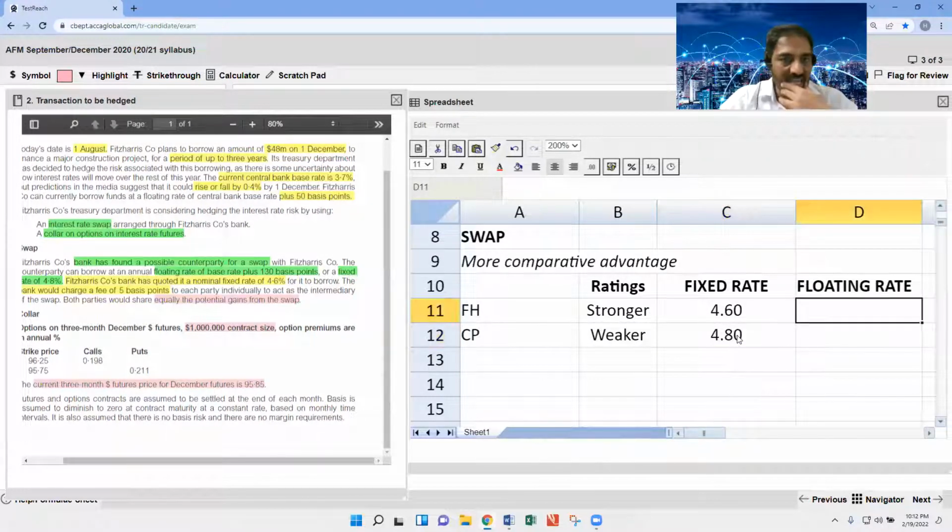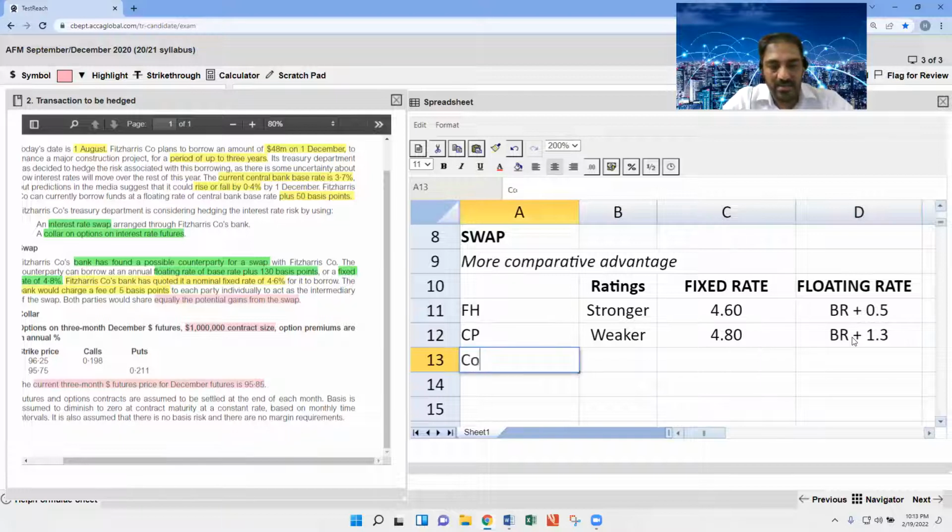What about the floating? Base rate plus 0.5. And base rate plus 1.3.